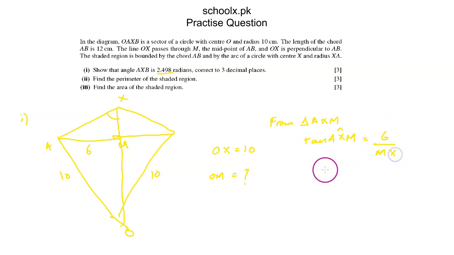I need to find MX. So MX is OX minus OM. OX is 10. And we need to find OM. We can find OM from this triangle AOM.